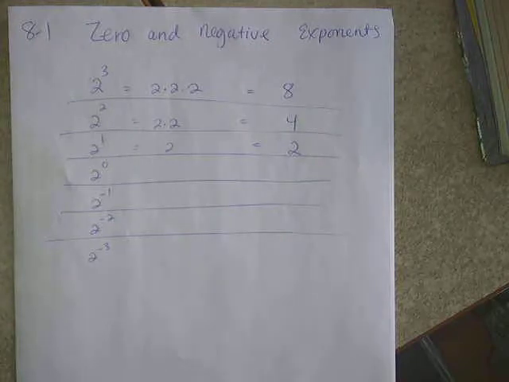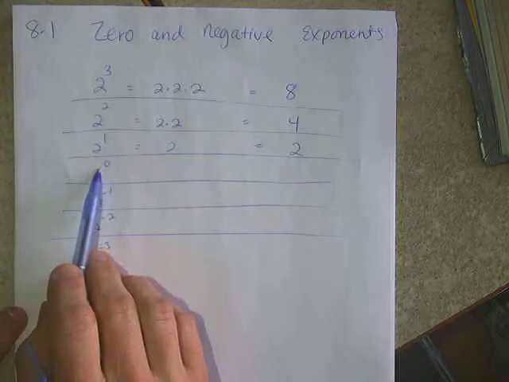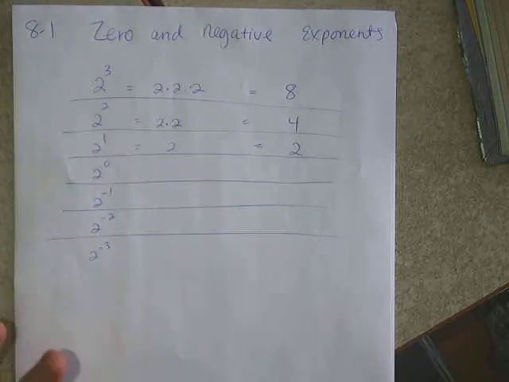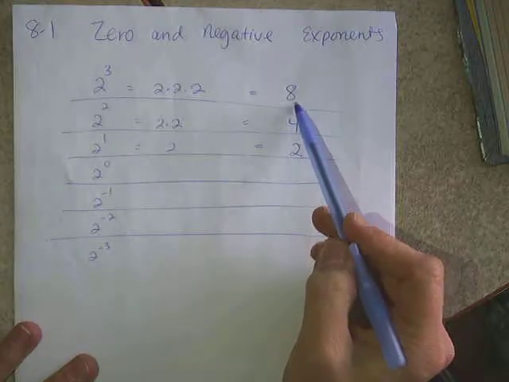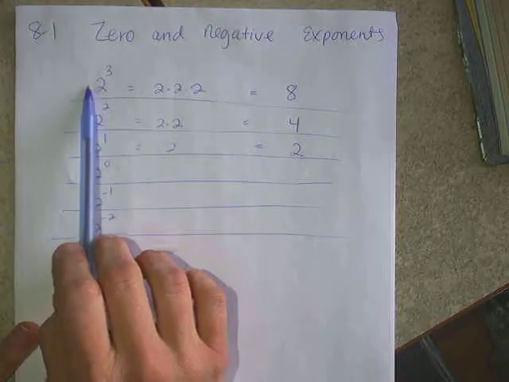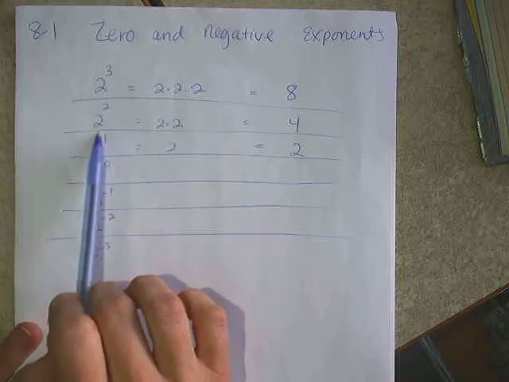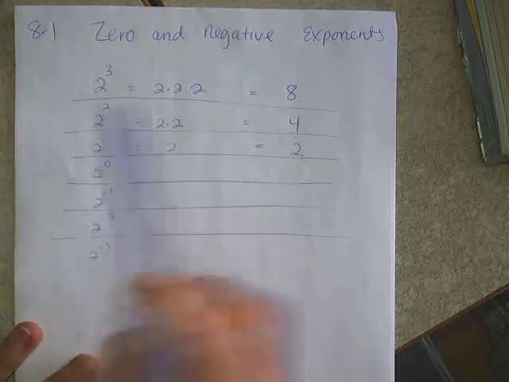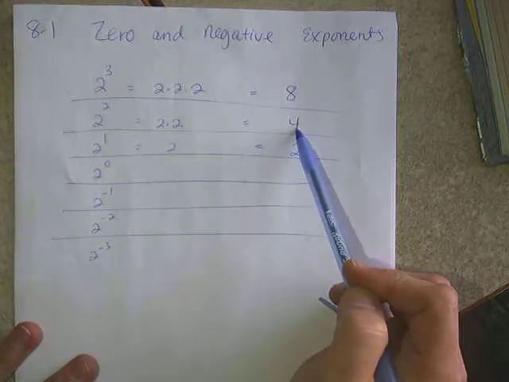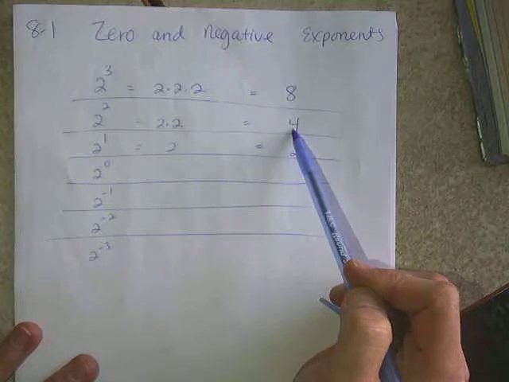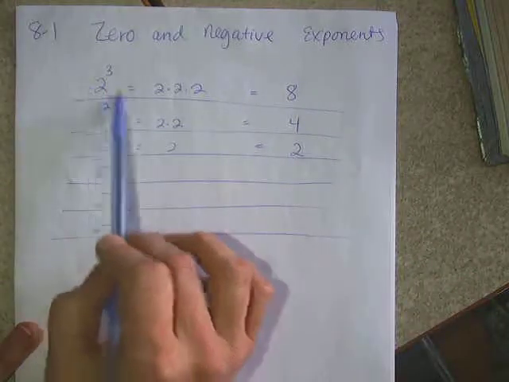And here's where we get into the area where people are not always as comfortable. 2 to the 0, quite often people want to say, well, that's 0. It's not 0, because there's a pattern here, okay? If you look at every time I decrease my exponent by 1, I'm dividing out that base.